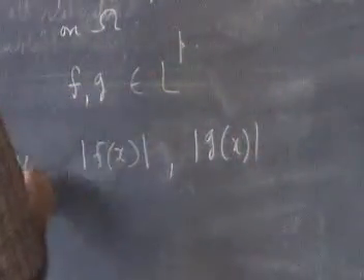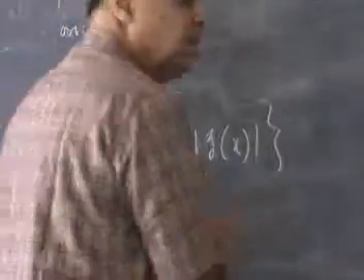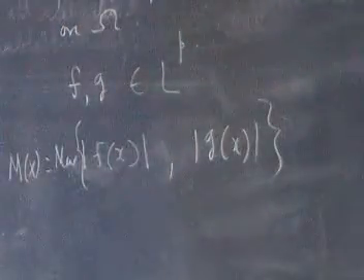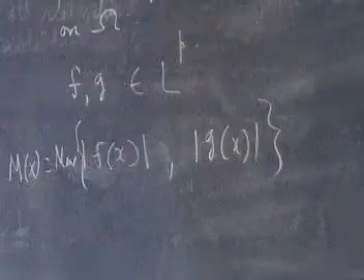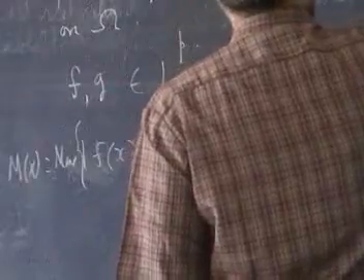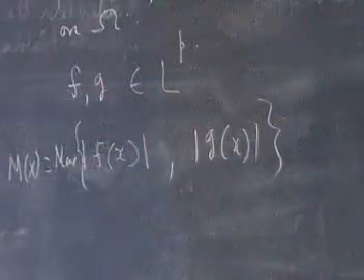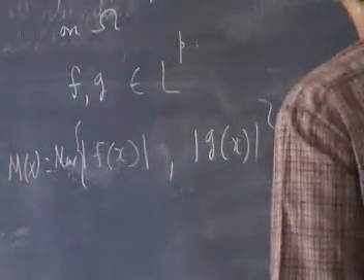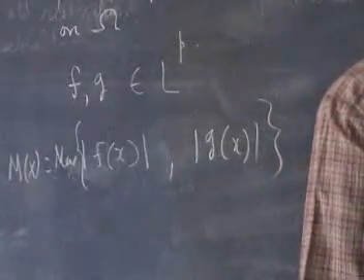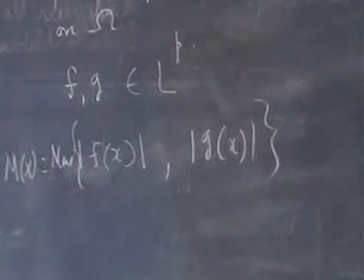Therefore, given two real numbers, I can define the maximum of these two; call it mx. Now, what can I say about mod fx plus mod gx? That is less than or equal to mod fx plus mod gx for any x, right?